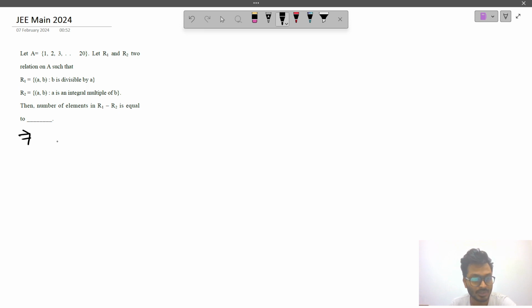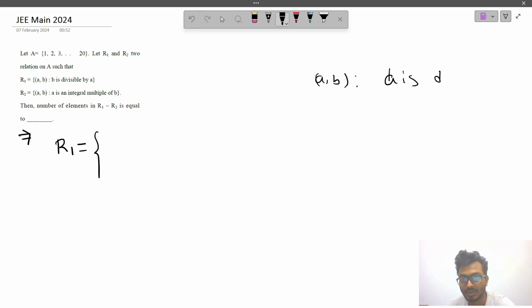So first of all let us find R1. In R1 what will be the elements? Those pairs (a, b) such that b is divisible by a, right? That means we can write b as a times k.